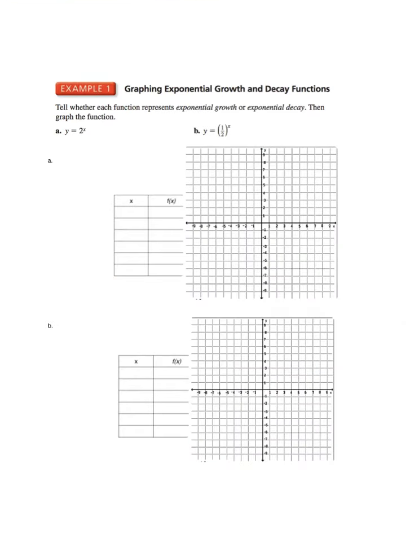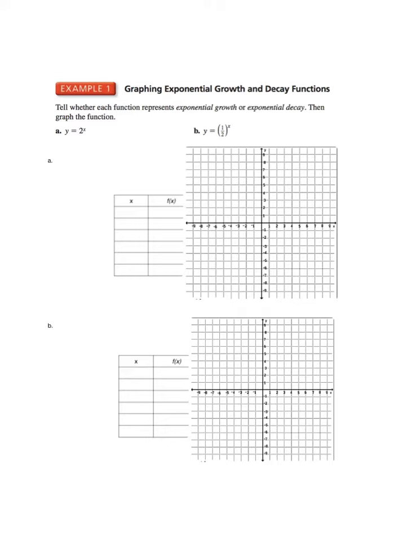Let's go. The first part of your homework is going to be several questions where you first determine whether something is a growth function or a decay function, and then you graph it. It just so happens that we've already seen this particular graph, but let's put some numbers in for it to graph.